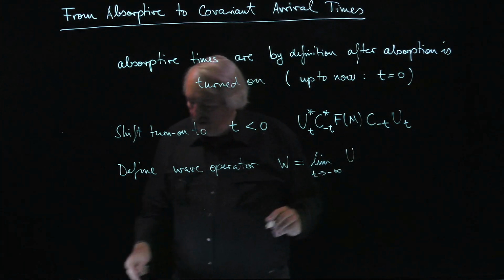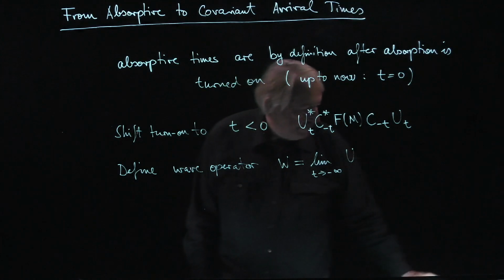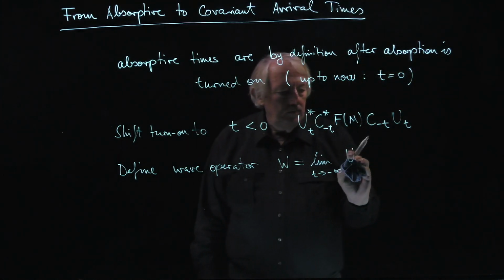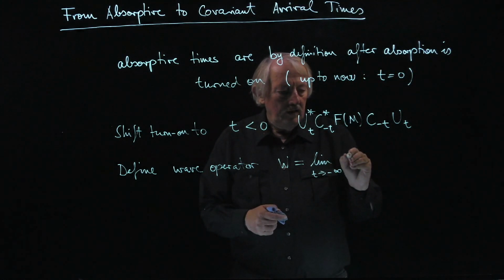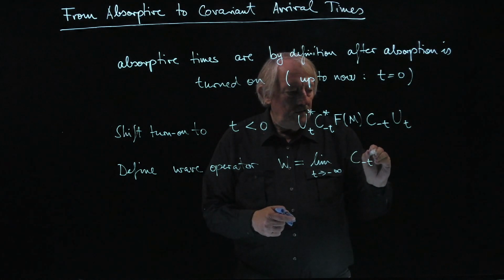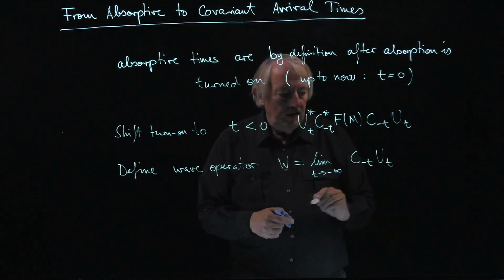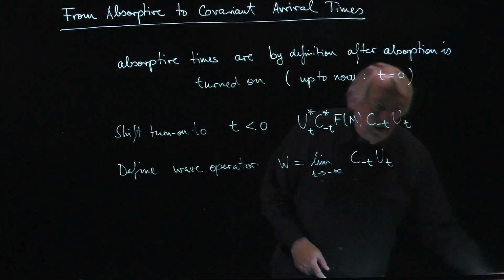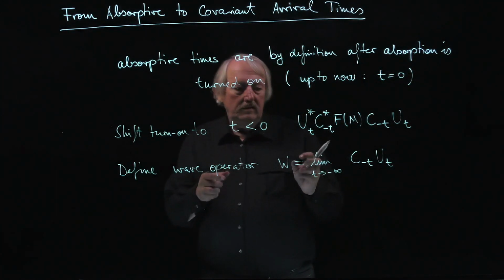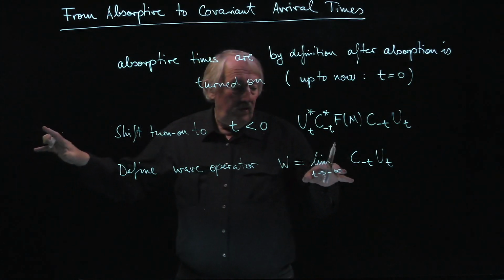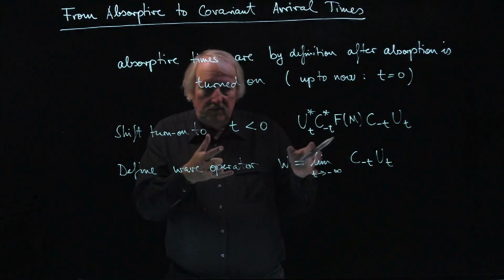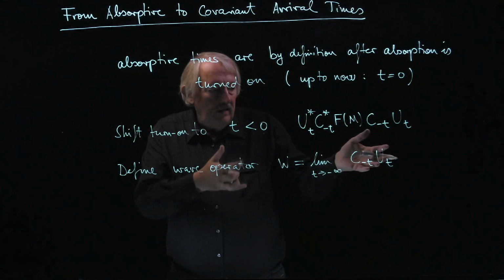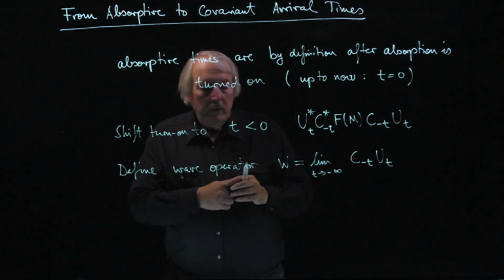Well, let's take the one without the stars: C minus t U t, right? And now there's no guarantee that this exists. It has something to do with the fact that for times far away, the absorption process is negligible, right? So then you can expect this to exist.